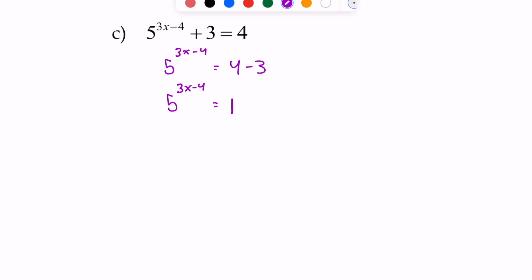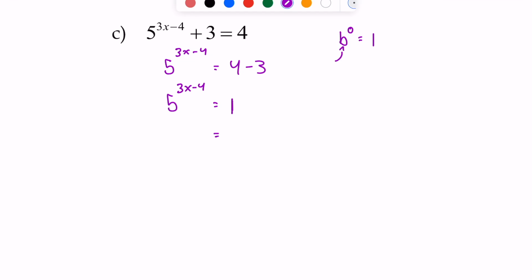Another way to think about it: what base to what exponent would give you a value of 1? Where does 1 come into play when we're dealing with exponents? Well, we learned in the first lesson, any base put to the power of 0 will give you a solution of 1. Any base is the key thing here.